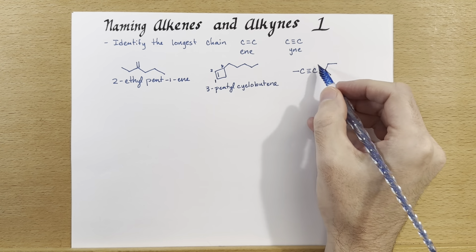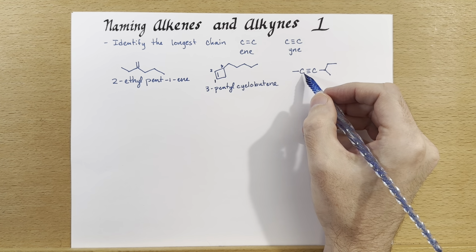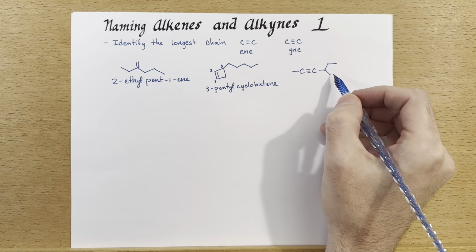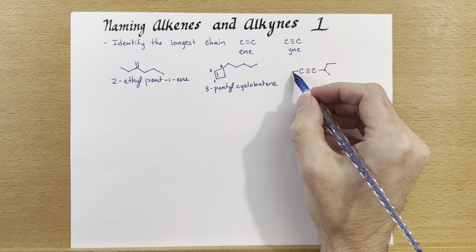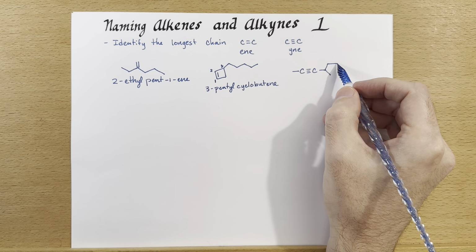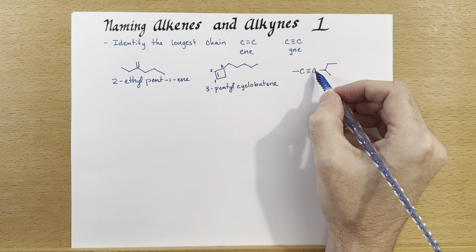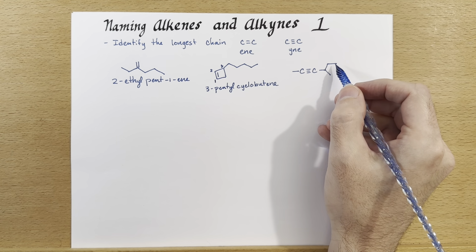So we want to prioritize the triple bond being the lowest number, and it has to be part of the longest chain. So if we started counting from here, 1, 2, 3, 4, 5, that's a smaller chain than from here, 1, 2, 3, 4, 5, 6. So this is some kind of hexyne.